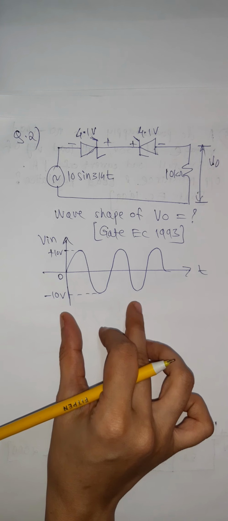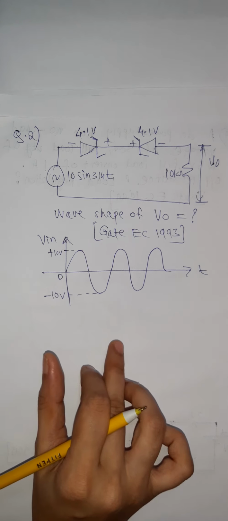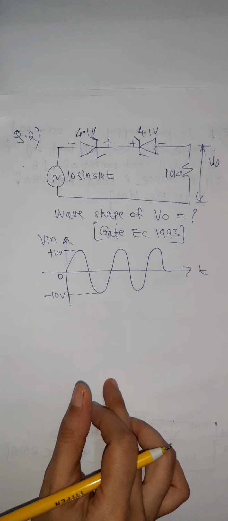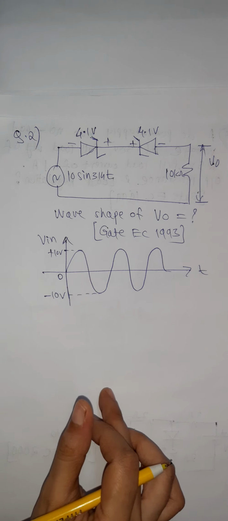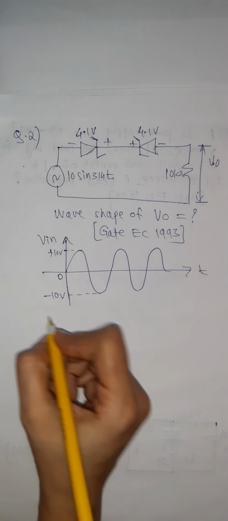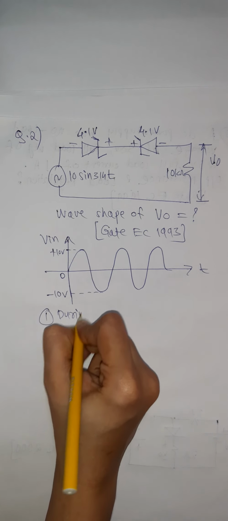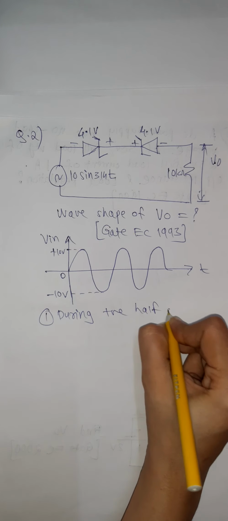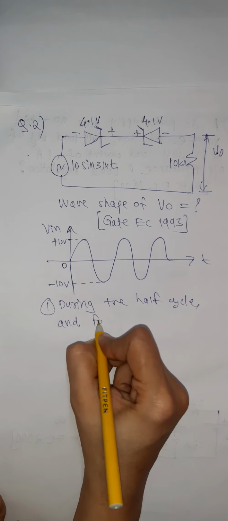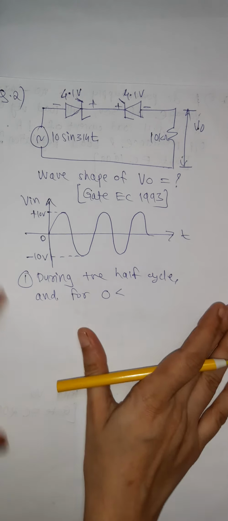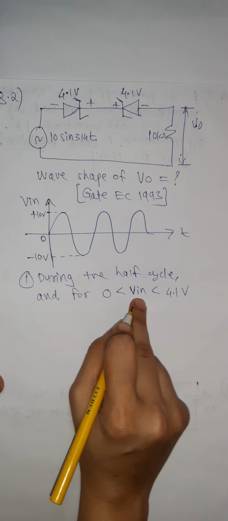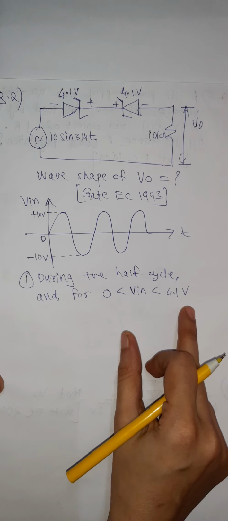Now first case is during the positive half cycle, for input voltage 0 less than V in less than 4.1 volt, that is our input voltage lying between this range 0 to 4.1 volt.